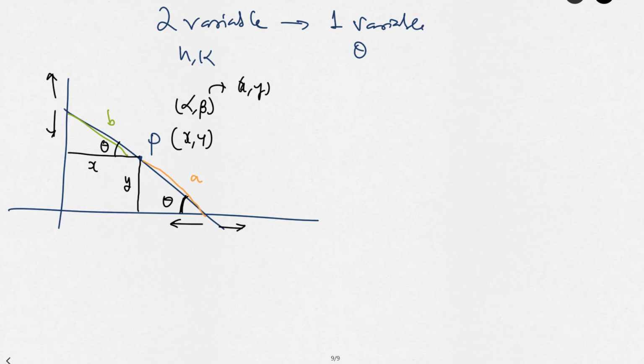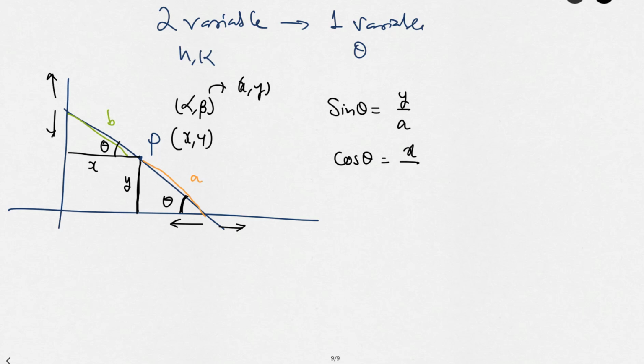This is also theta. If you see this carefully, what relation can we derive? Theta is given, the perpendicular, and this hypotenuse is a. So sine theta is y over a, and cos theta is, why I'm taking cos theta, because I'm taking base here.